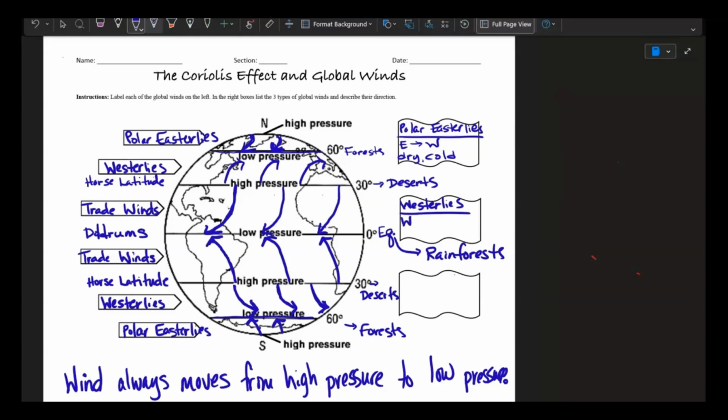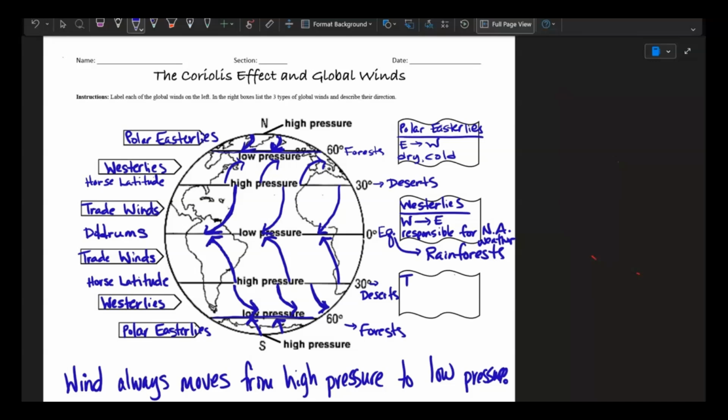These go from the west to the east. And our westerlies are responsible for North American weather. Those are the kinds of winds that impact us in North America, the United States, the most.